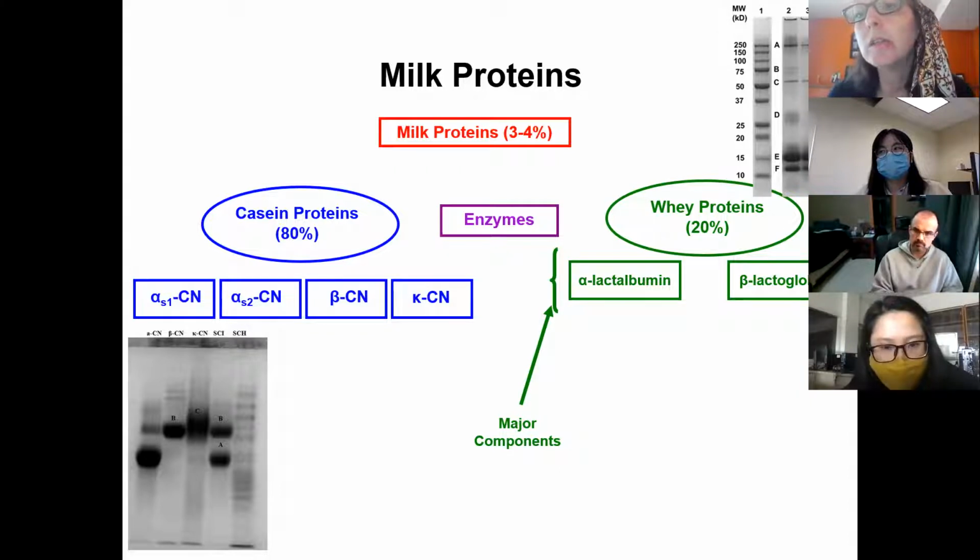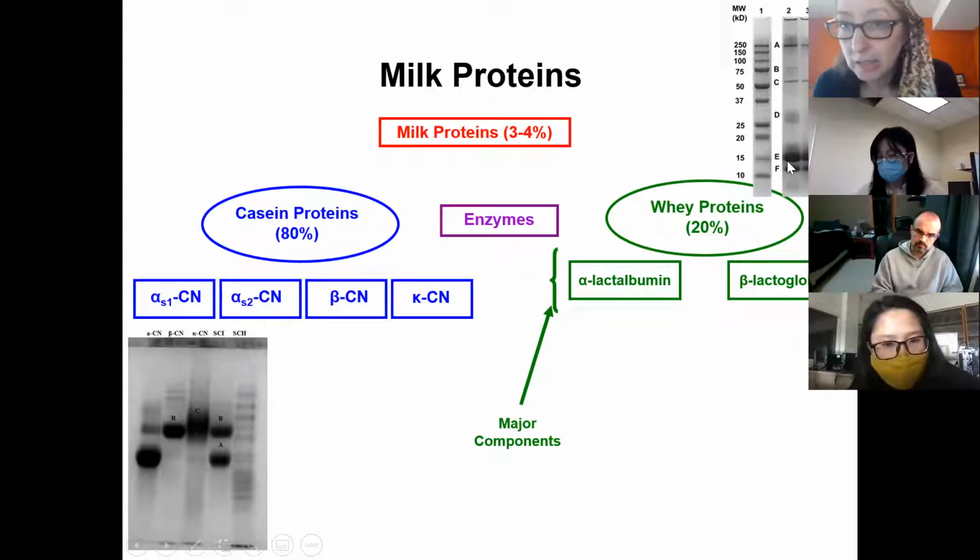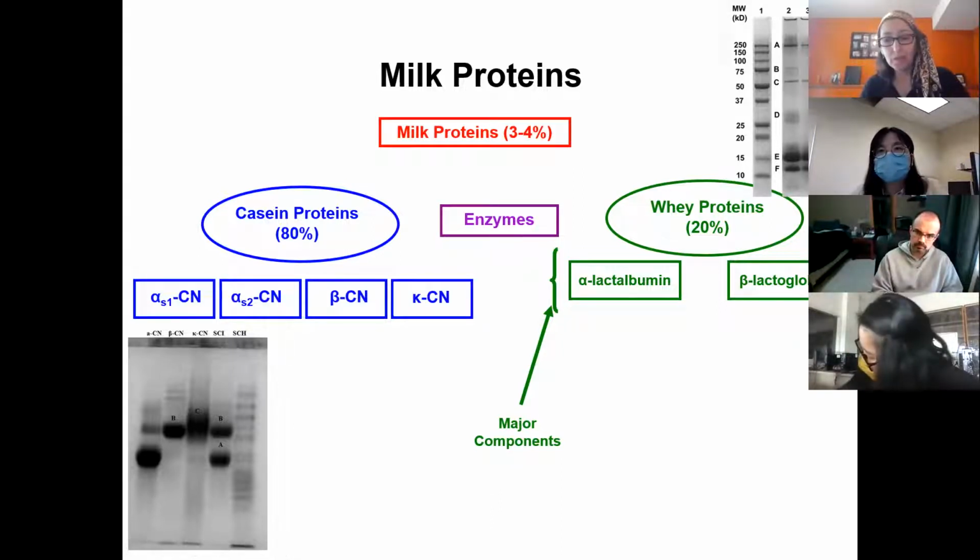You can see this is a whey protein concentrate, and mostly beta-lactoglobulin is present in higher concentration than alpha-lactalbumin. But it also varies in different isolation and purification of the concentrates and the isolates.